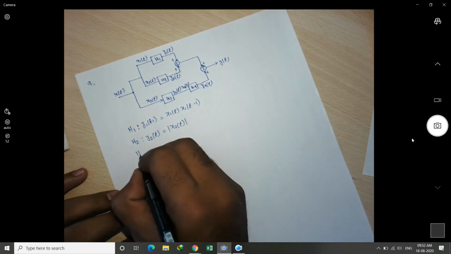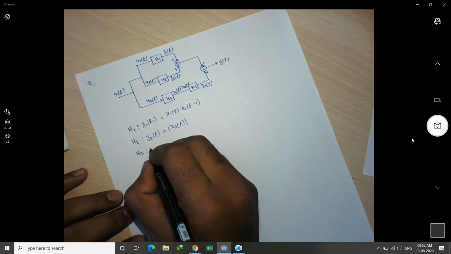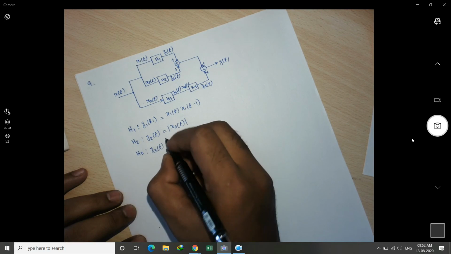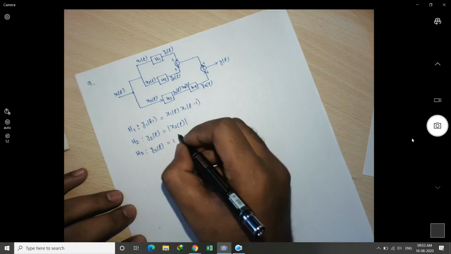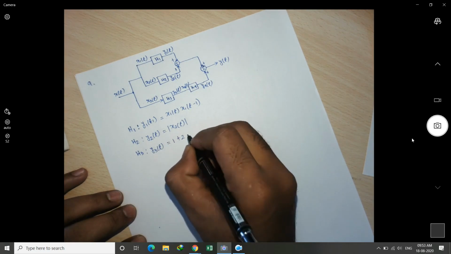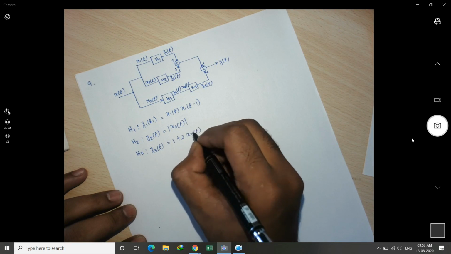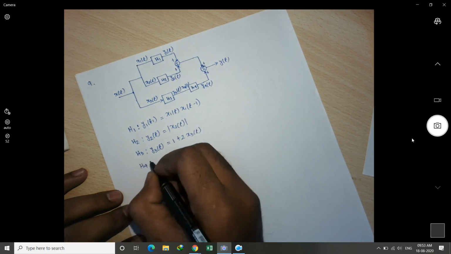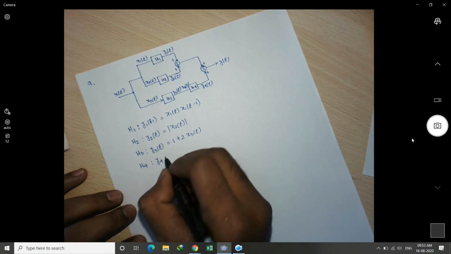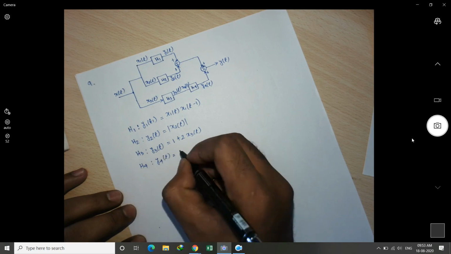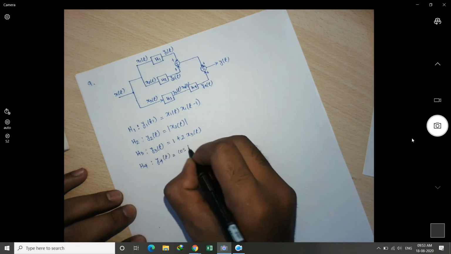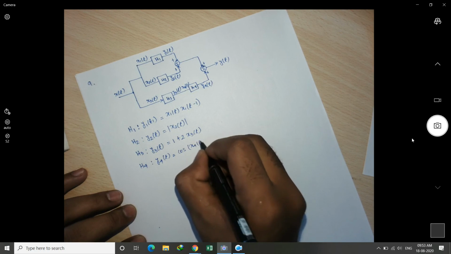H3 takes y3t, which is 1 plus twice of x3t, and H4 is cos of x4t.